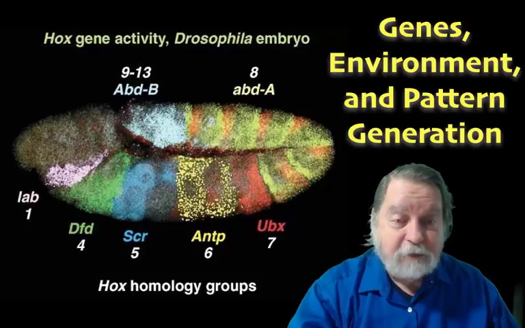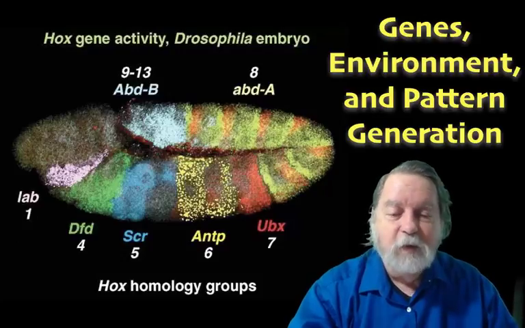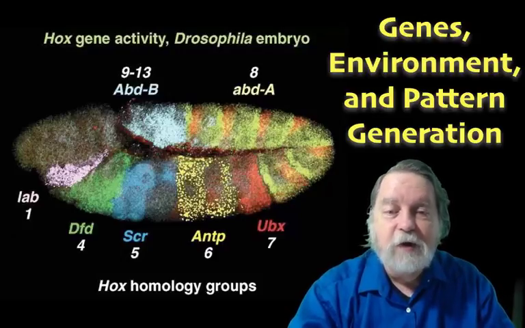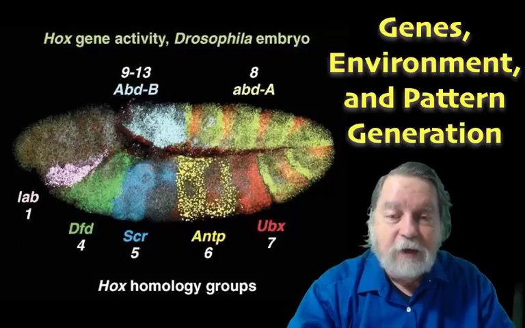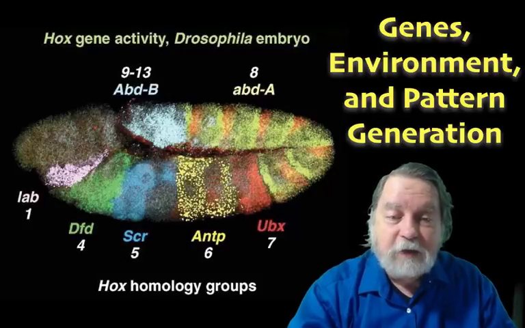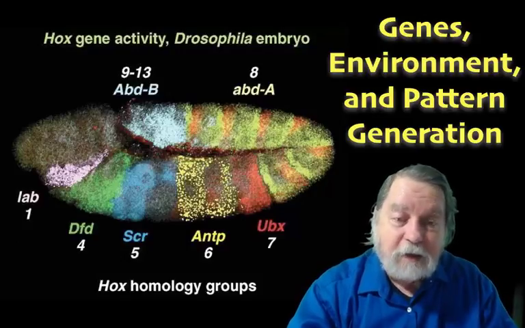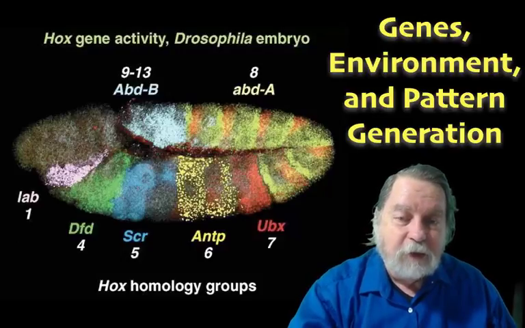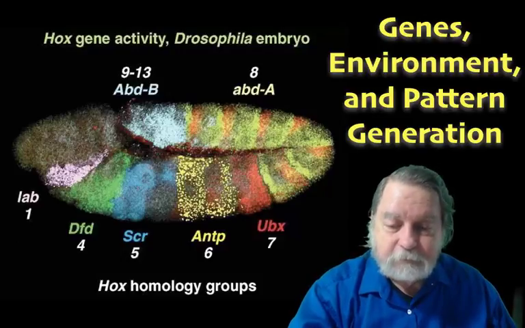These genes will definitely specify subsequent development of these segments. That is, the identity of the structures that will form in those regions is determined by the expression of these Hox genes. But the location of Hox gene expression itself is actually dependent on an earlier set of genes that have been switched on to establish the pattern.